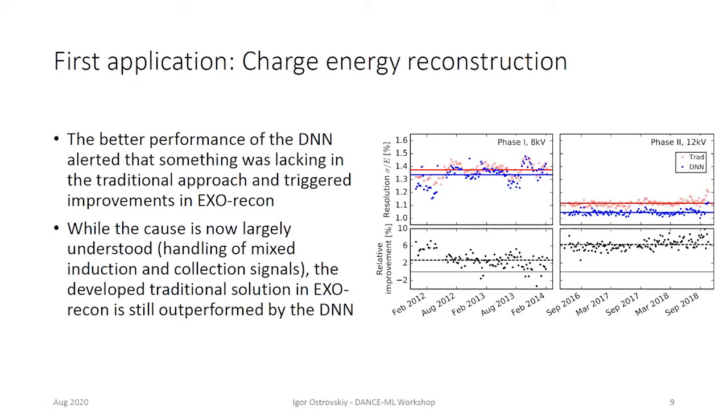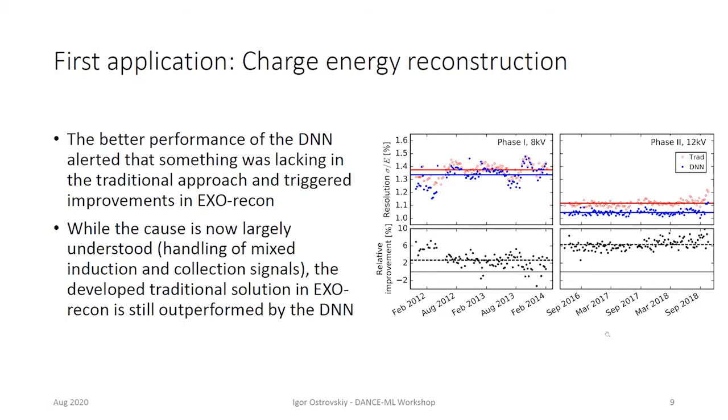So here we go, speaking about deep learning being a black box that is hard to understand. Here, on the opposite, it fed back into our traditional reconstruction and said, hey guys, that's what we need to do to improve. And we went ahead and did it and tried to add this another box to the traditional recon. And it did get better, the traditional recon, but it still didn't reach the ultimate performance of the convolutional neural network.